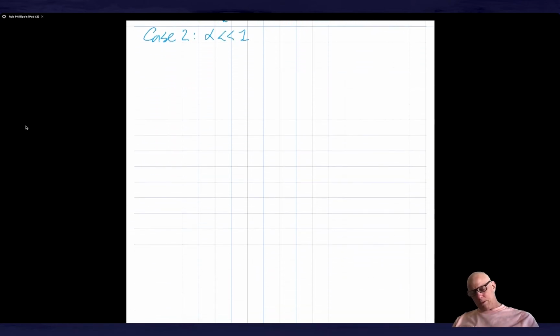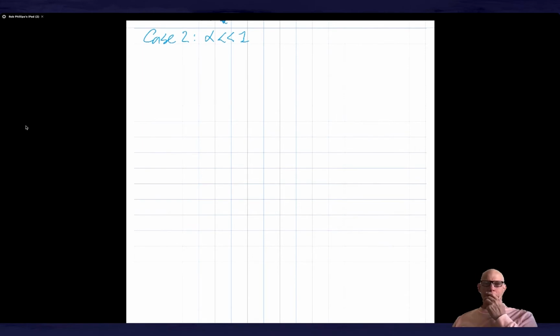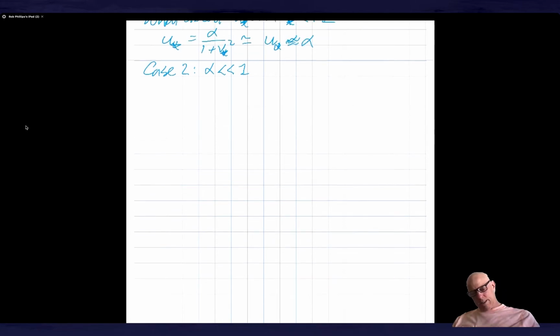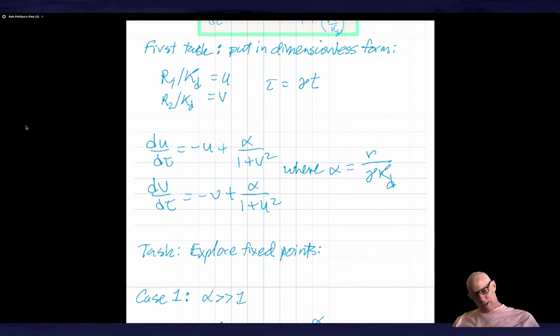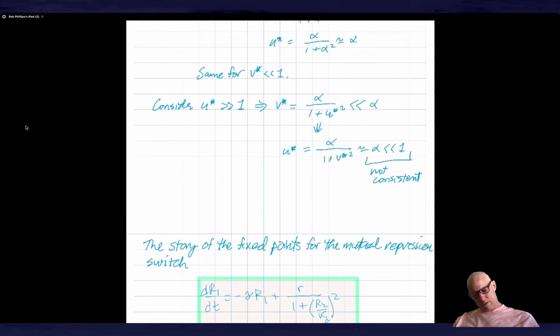Okay, maybe we'll explore that a little bit more in the homework. Now, what about the case where alpha is much, much less than 1? In this case, let me just review what I had written down for myself.